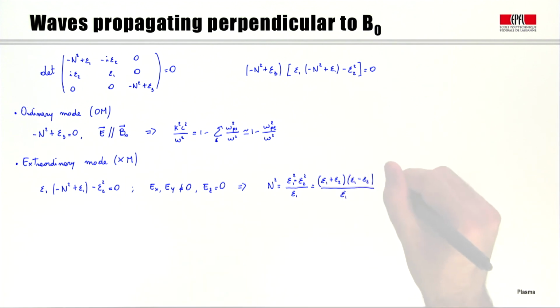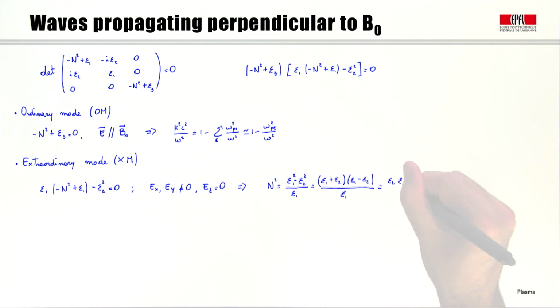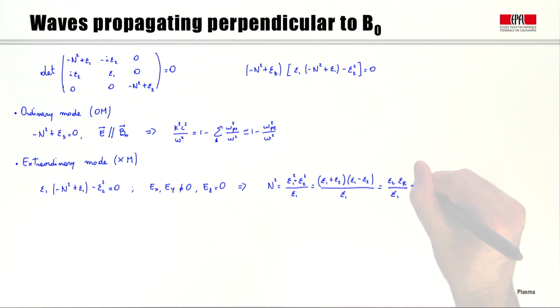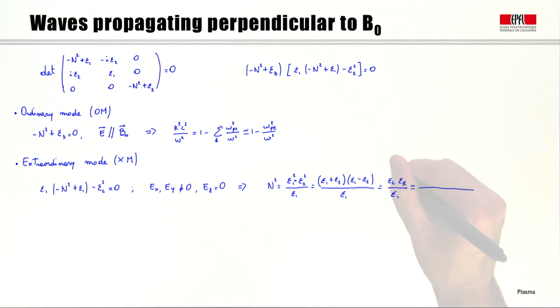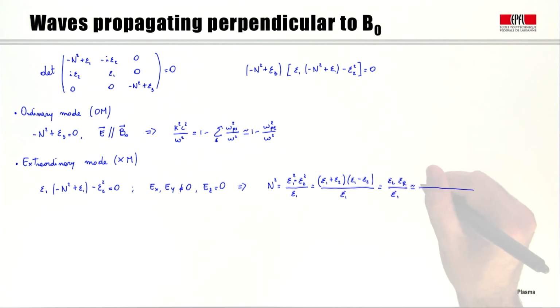And these are two terms that are now familiar to us, and they are called epsilon L and epsilon R divided by epsilon 1.